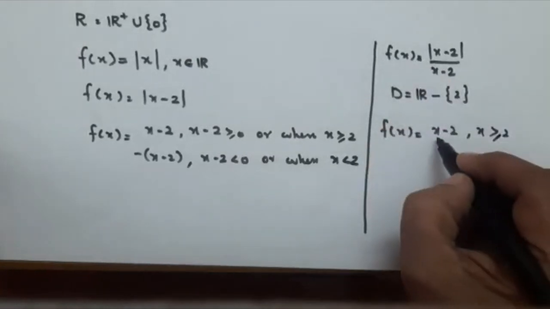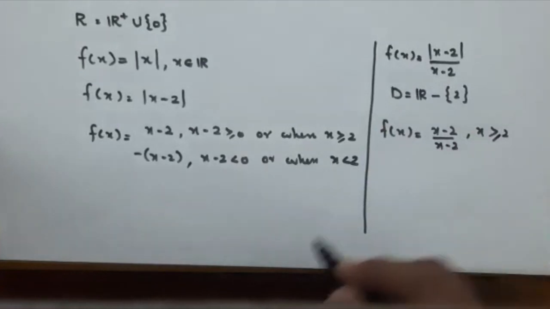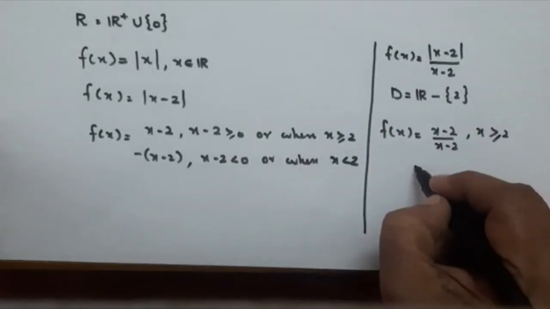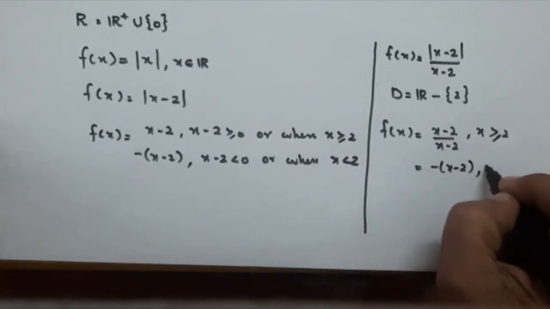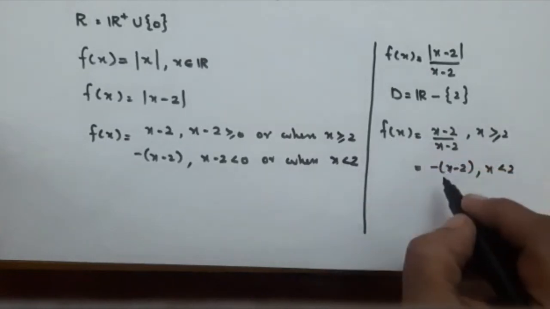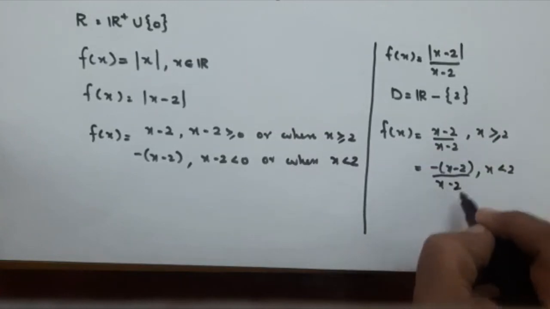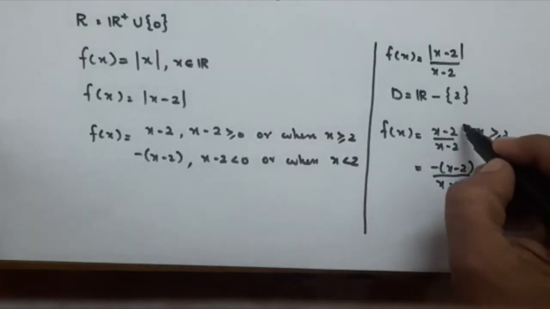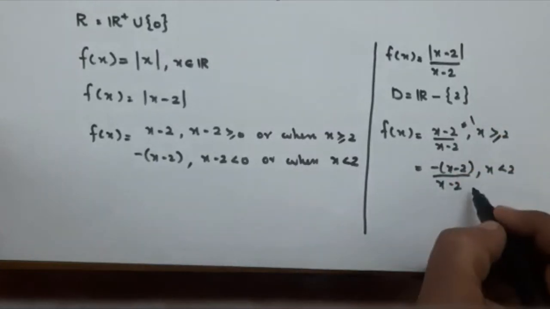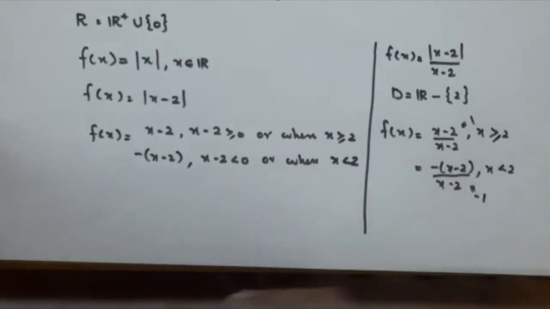Therefore, this function becomes x minus 2 by x minus 2. And it equals minus of x minus 2 when x less than 2. Therefore, this function becomes minus of x minus 2 by x minus 2. That is, x minus 2 by x minus 2 is equal to 1. And this is equal to minus 1.